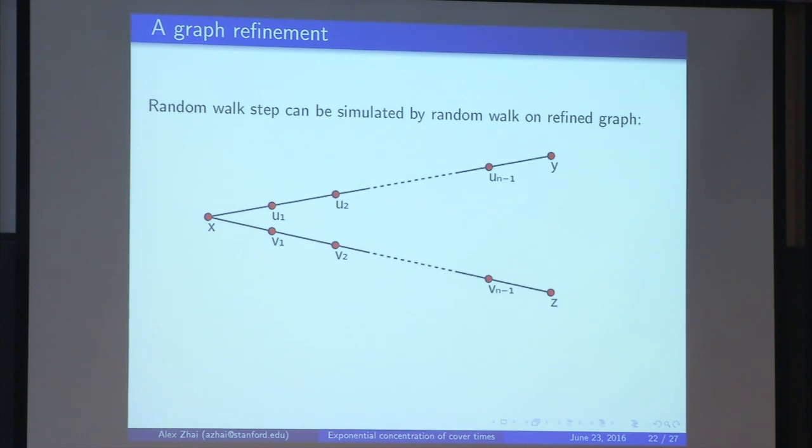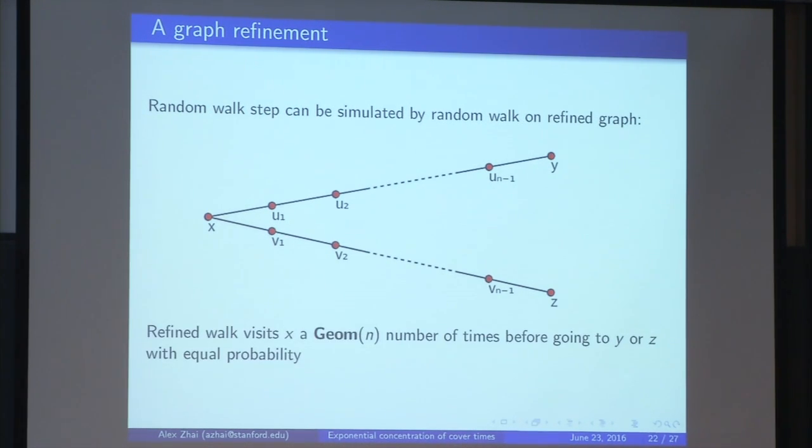So basically I'm going to return to x a geometric number of times until I finally reach y or z. So the walk on the refined graph visits x a number of times which is geometric with mean n before finally getting to y or z with equal probability.